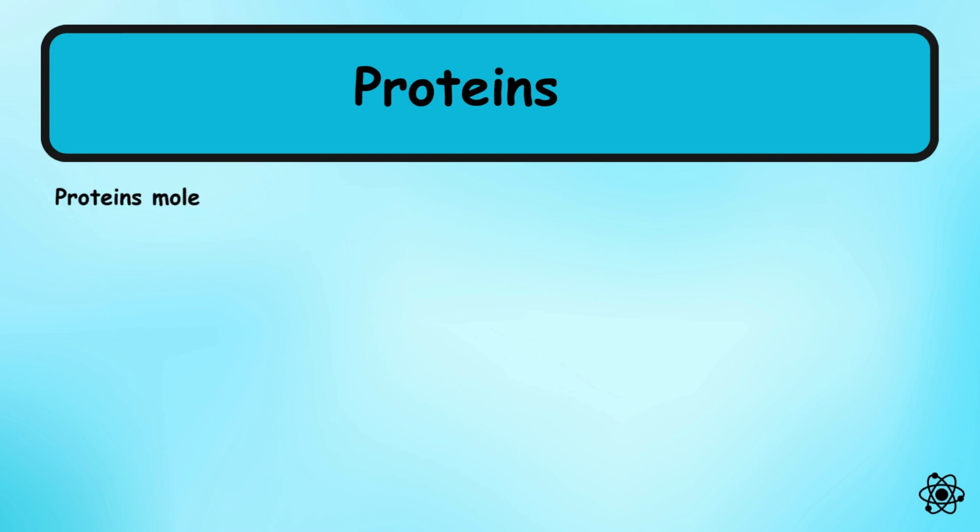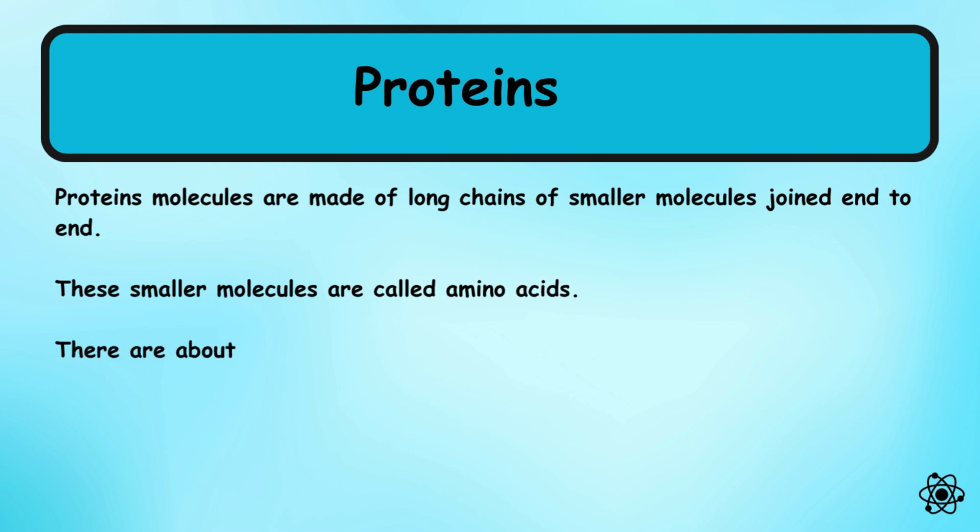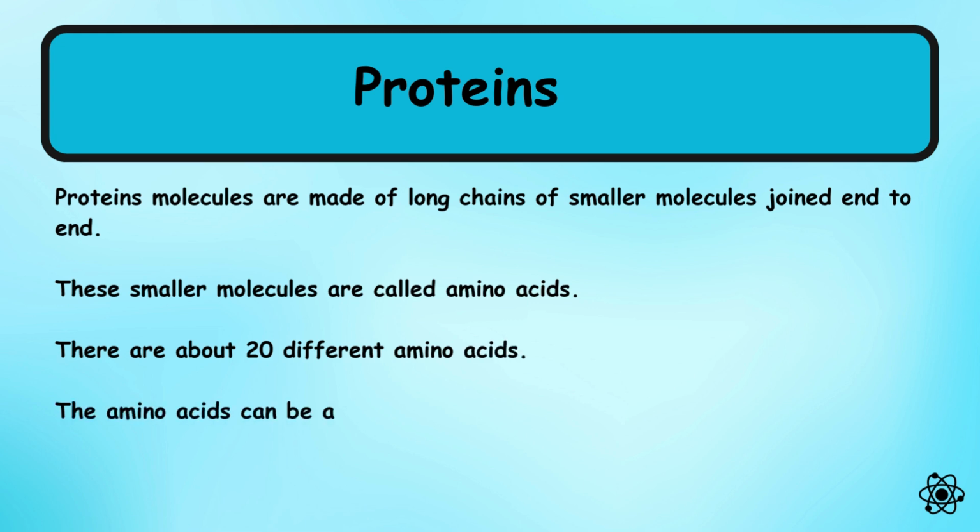Next is proteins. Protein molecules are made of long chains of smaller molecules joined end to end. These smaller molecules are called amino acids. There are about 20 different amino acids. The amino acids can be arranged in any order, resulting in hundreds of thousands of different proteins.